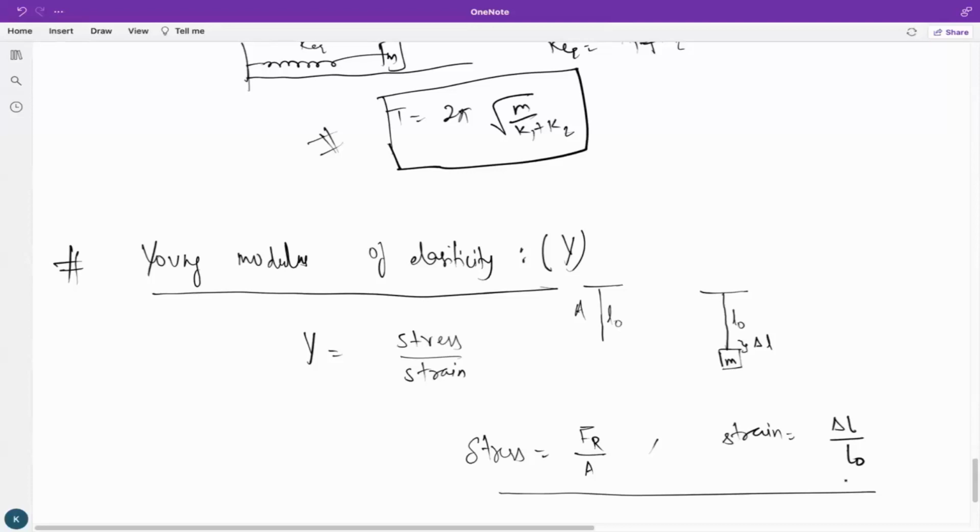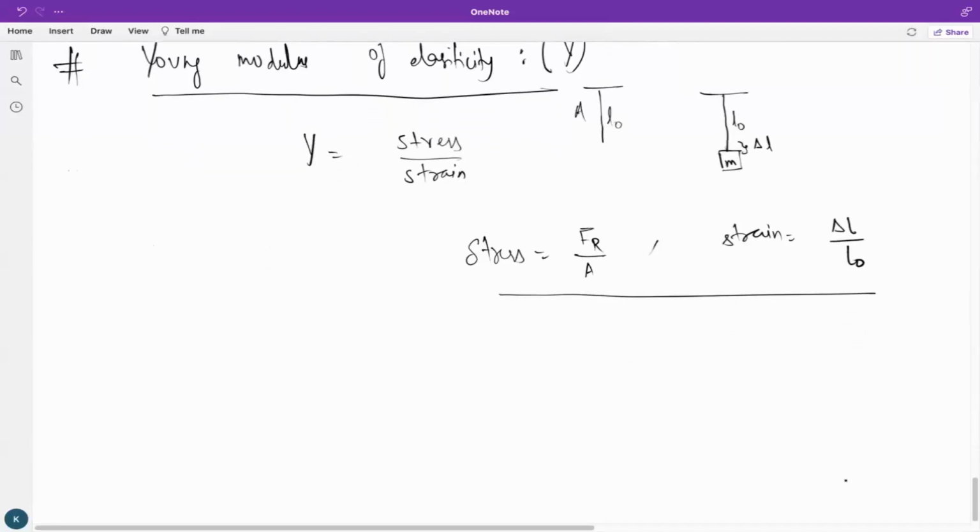And it is a material constant, obviously. So our stress is nothing but a restoring force by cross-sectional area, and strain is termed as change in length by original length. Okay. So if I define here the Young modulus of elasticity, our stress is the restoring force by area, and our strain is the change in length by original length.